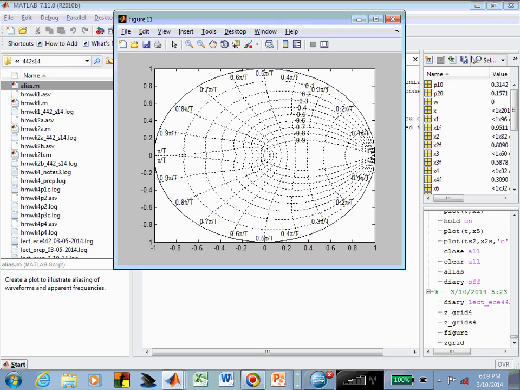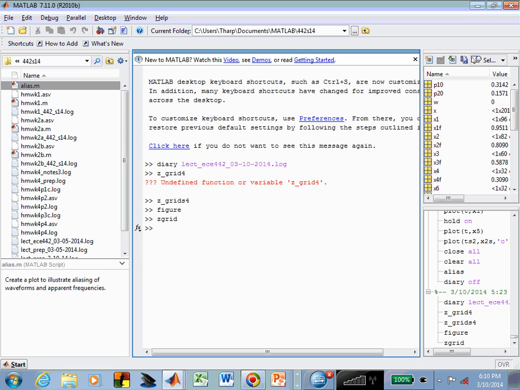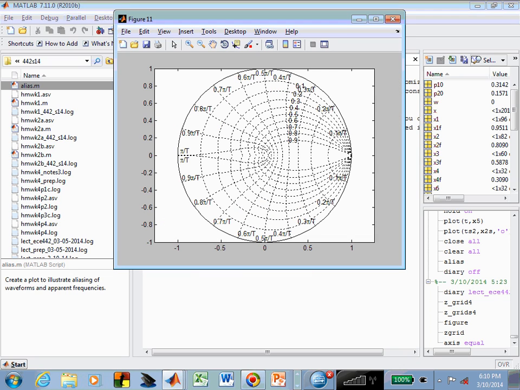And why you might say ooh is because the aspect ratio might not be what you want, meaning the horizontal tick marks might not be the same as the vertical tick marks, and so your angles aren't really true angles. Is that making any sense? So you need to tell MATLAB, square up. Or make your axis equal.